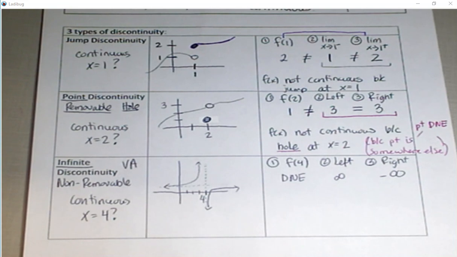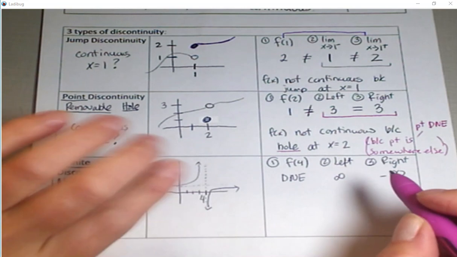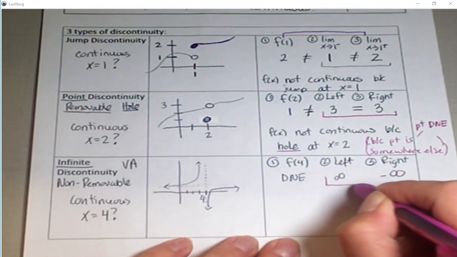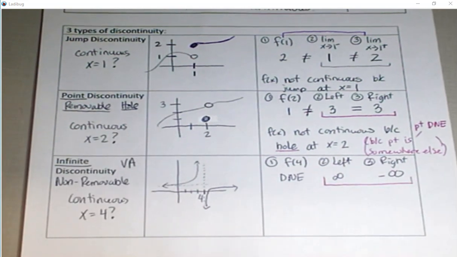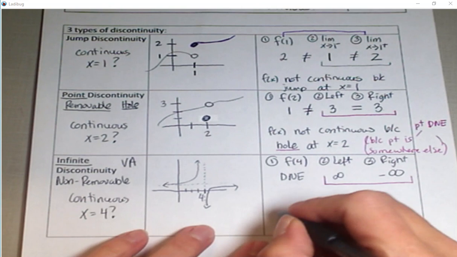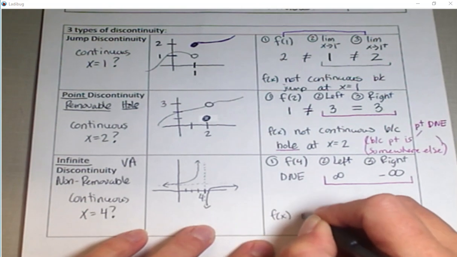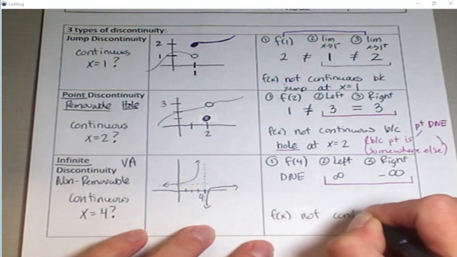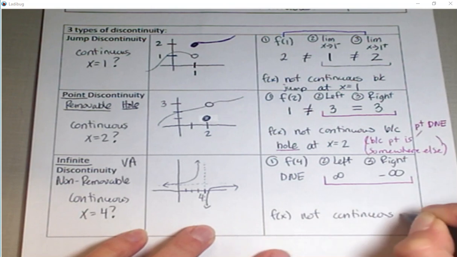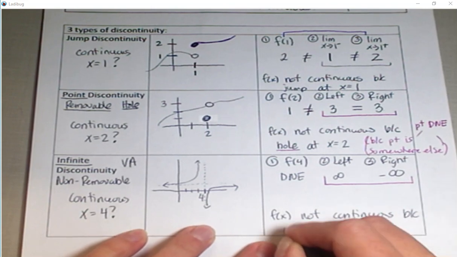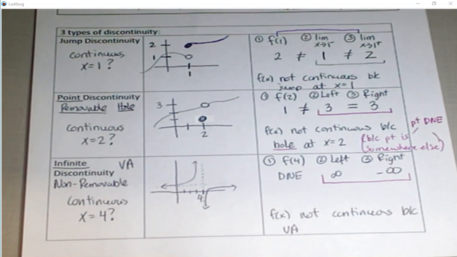And then I compare. In this particular case, it's these infinities that tell you it's a vertical asymptote. So it's not continuous because there's a vertical asymptote. How do you know there's a vertical asymptote?